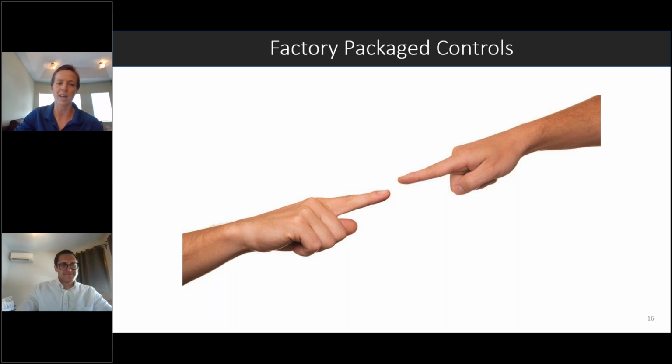This might be hard to quantify, but the question is, how much cheaper are factory package controls? That is a little bit harder to quantify. It depends how inclusive they are, I guess I would say.